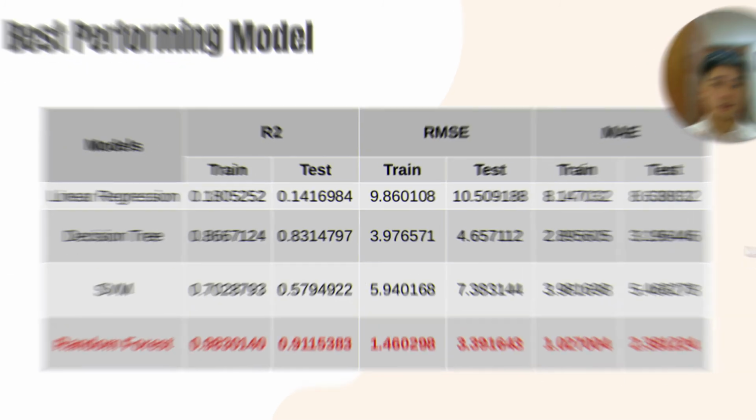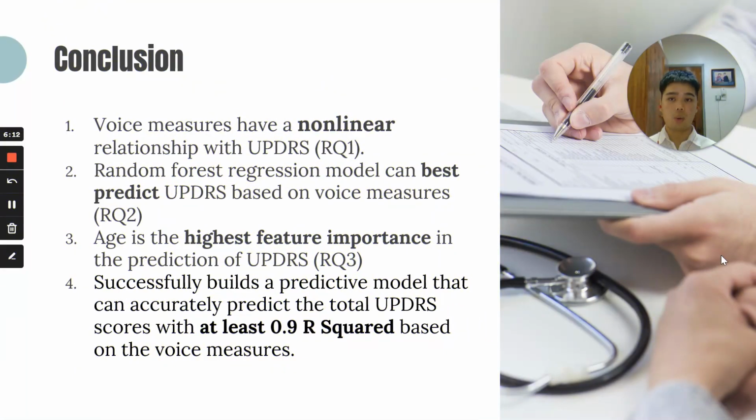As a conclusion, the Watts measures have a nonlinear relationship with UPDRS. Therefore, 3 nonlinear models are deployed in our experiment, which are support vector machine, decision tree regressor, and random forest regressor.